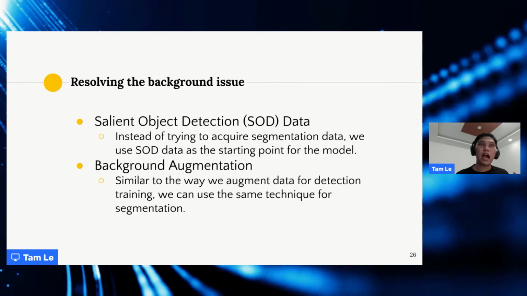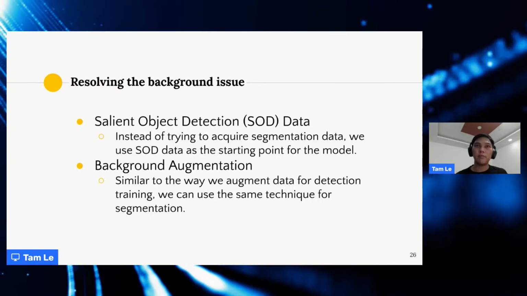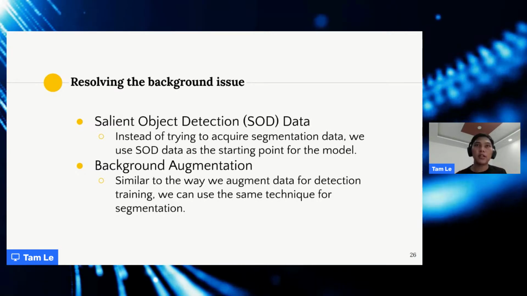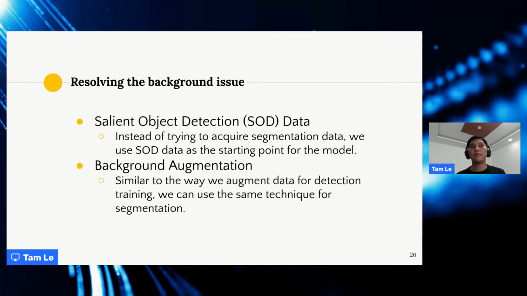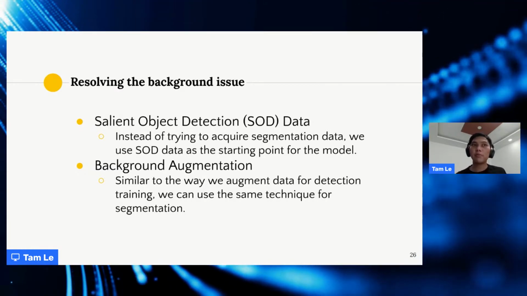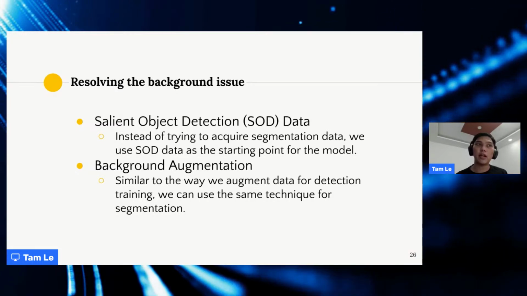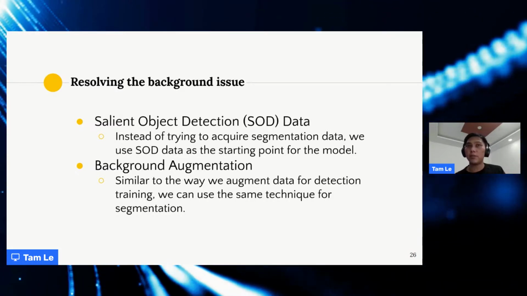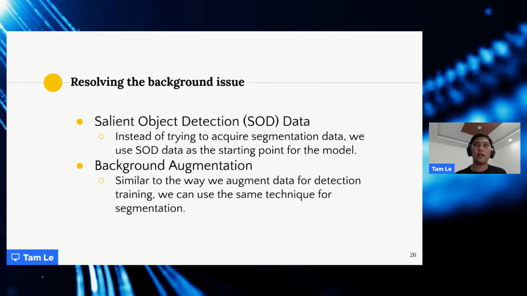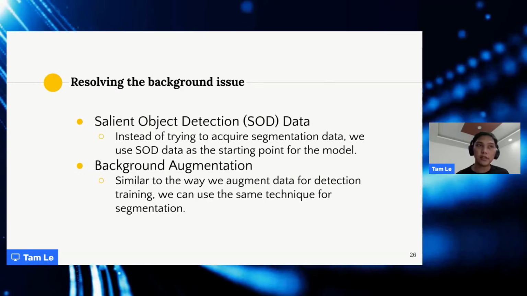And in our case, with the turntable system, usually the object that we want to capture is the most visual object. So we think that this kind of data can benefit the model. Instead of trying to acquire segmentation data, we're going to use this data as a starting point for the model, and then we're going to train it on our segmentation data later.